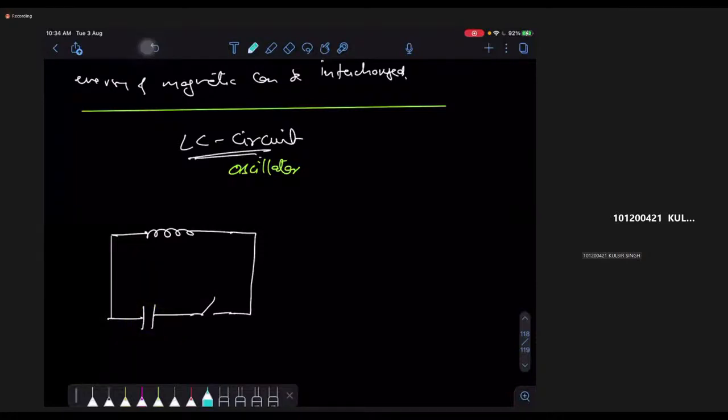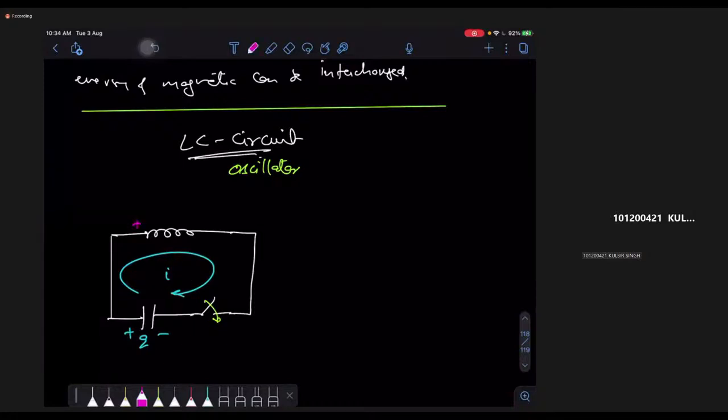Suppose that I give some charge. So there is some charge on this capacitor, and there is a current in the circuit. Based on this, the current rises or falls.